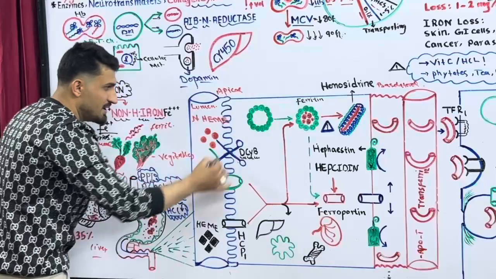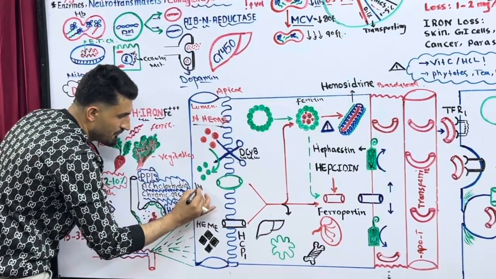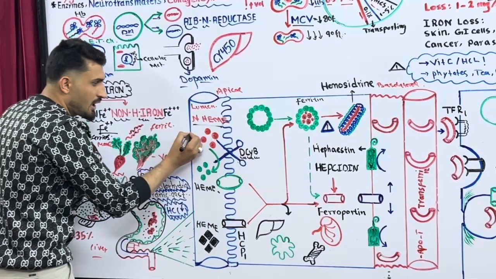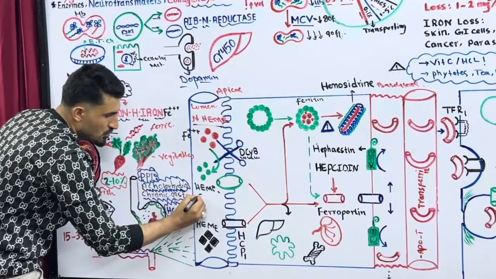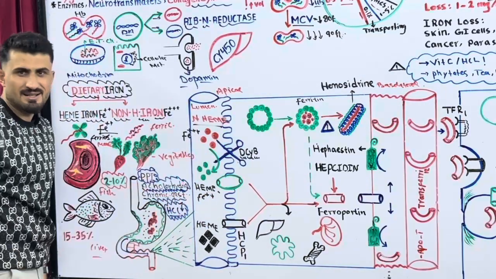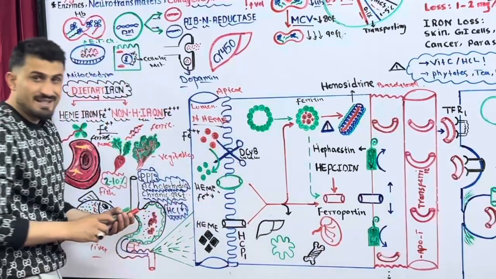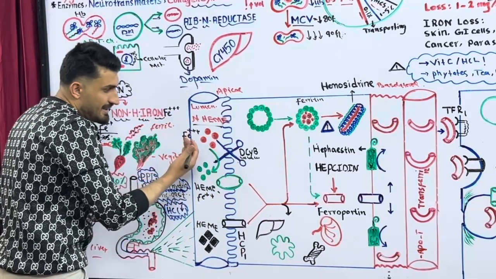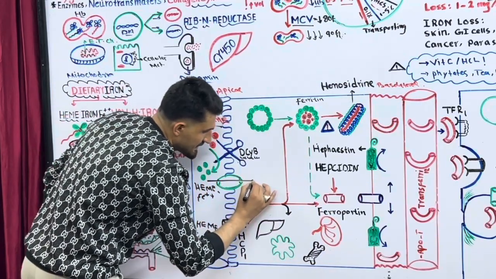This enzyme converts non-heme iron to heme type iron. It means it converts Fe3+ iron into Fe2+ iron. Now this iron, which is called Fe2+ or heme type of iron, converted from Fe3+, is absorbable.